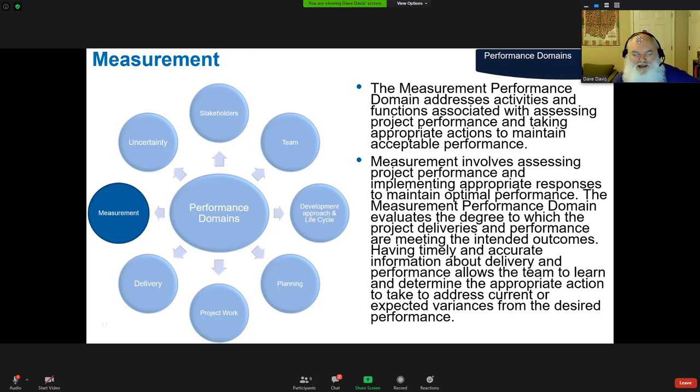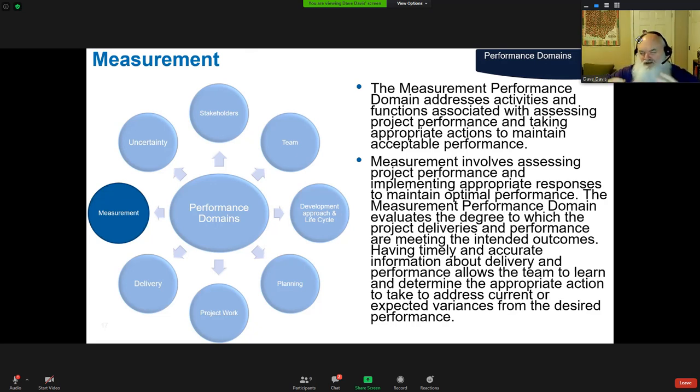When we're in a quote agile unquote world, if you're in Scrum and you measure velocity of your team in order to complete story points at a certain particular rate, we're going to be factoring that into our project standards, that we are coming up with different ways and means in order to measure that we're developing the right thing, that we're doing it in the most expedient time frame, that we're focused on value, we're doing it lean and delivering items that are low on waste and reduce time in queue between different handoffs.